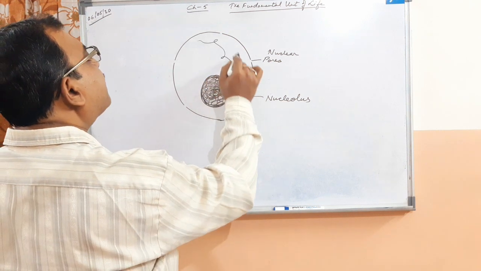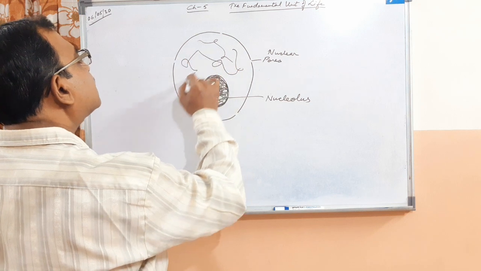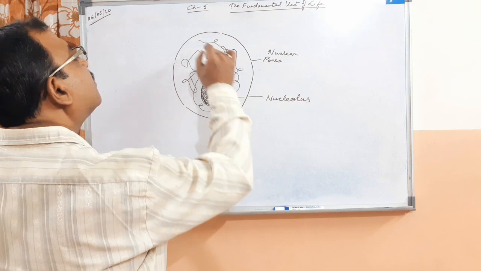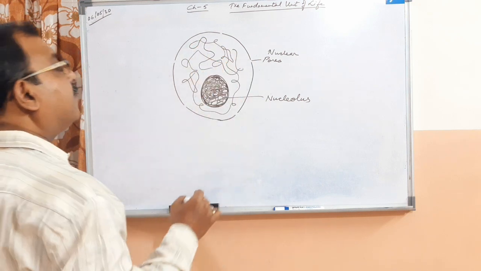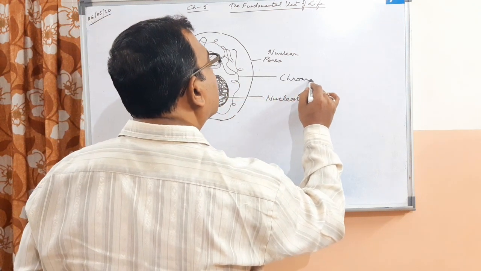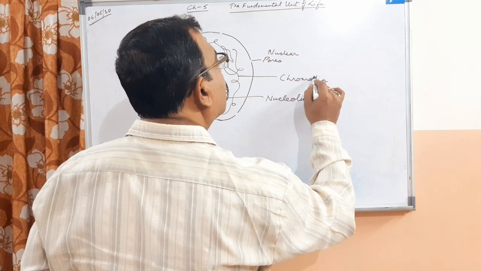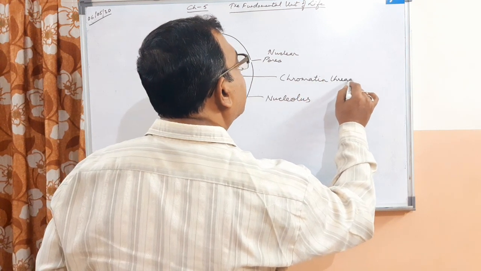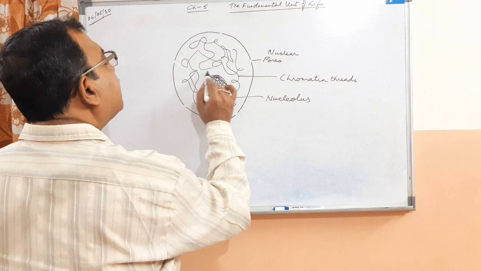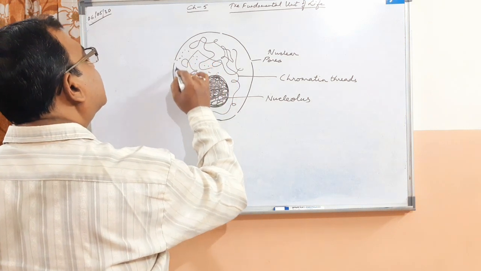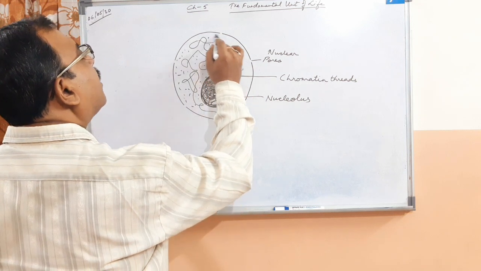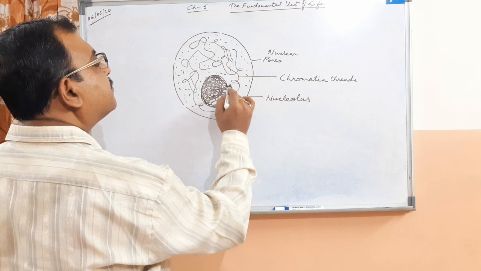Right? And this type of thread is found all across the nucleus in this way. This is the chromatin threads, right? And the matrix inside, the ground substance inside, which is called as the nucleoplasm.